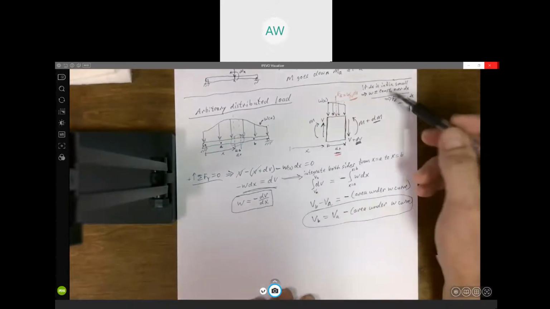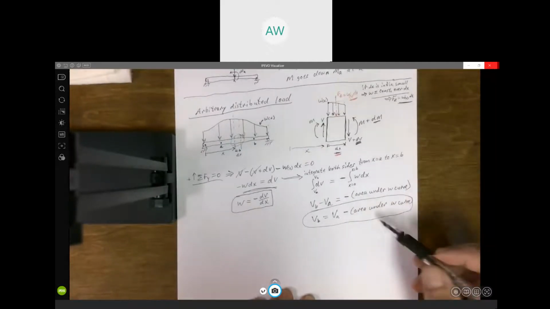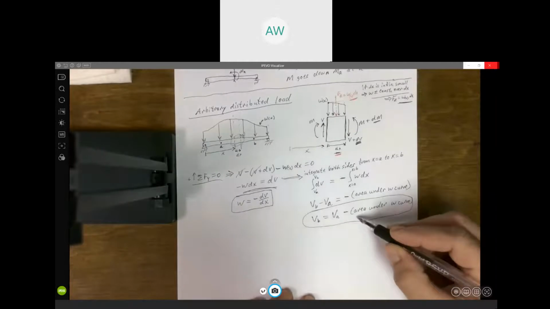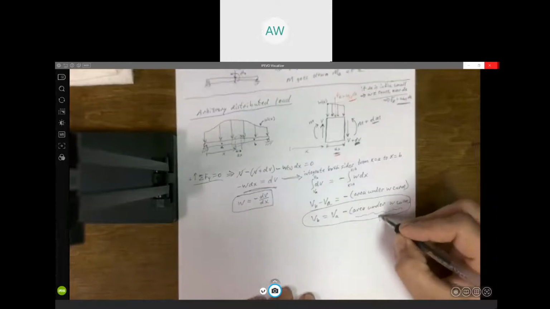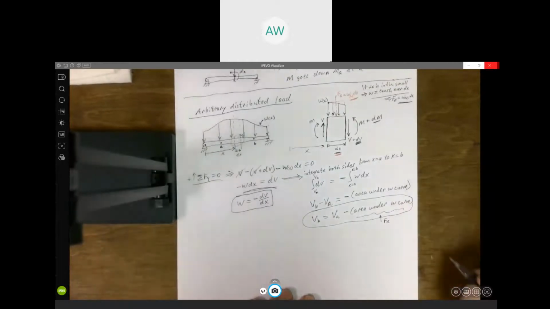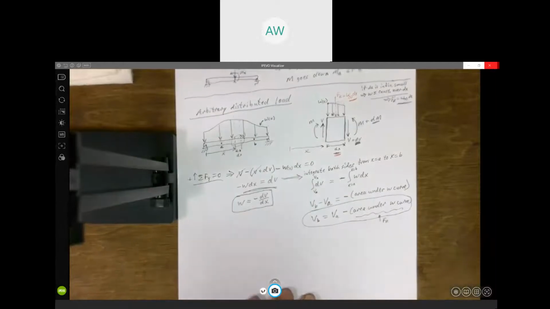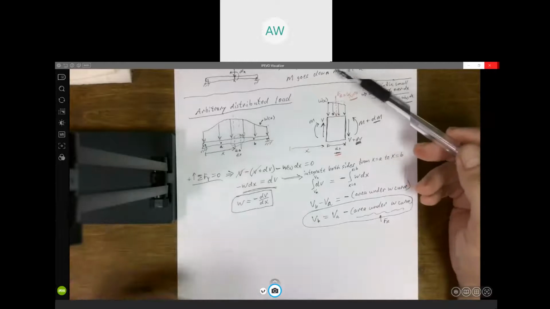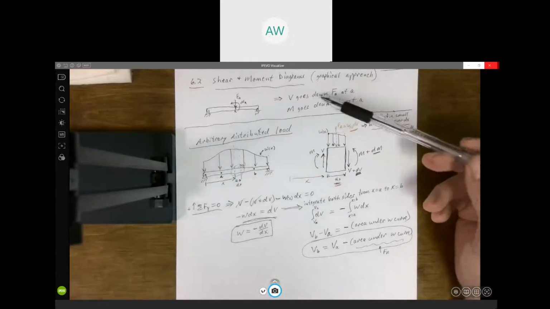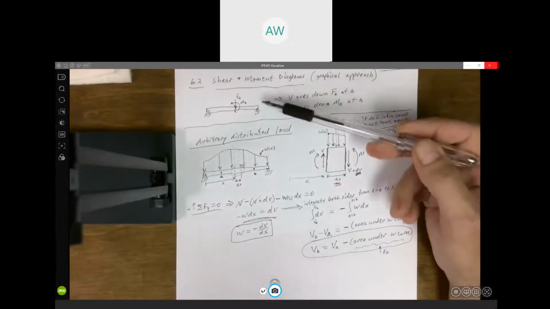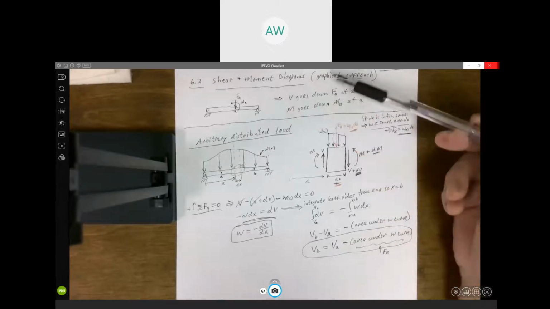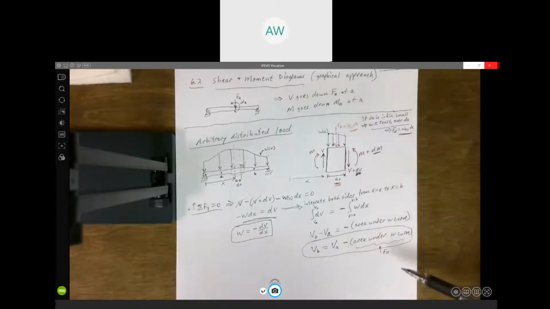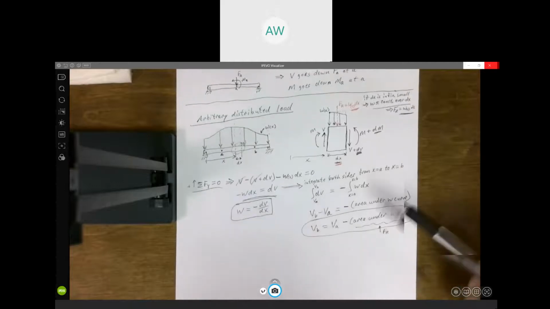Now, go back up to previous discussion, right? The area under this distributed load curve, that's the resultant force. And so that sort of agrees with what we talked about up here with our concentrated force, right? V goes down whatever that concentrated force is. Same thing's happening here.